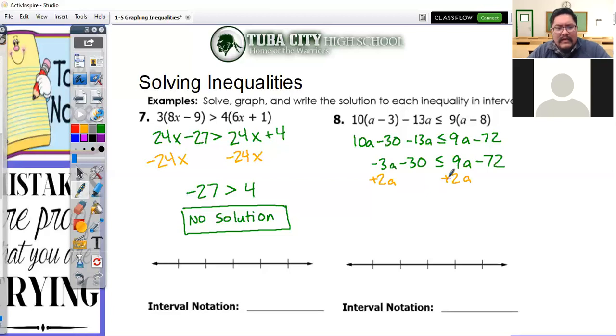So, oh, why did I pick 2? I don't know why I picked 2 there. Because I need to get 3 to get rid of this -3, and that's going to cancel it here. And you notice that it's not on the left side anymore.